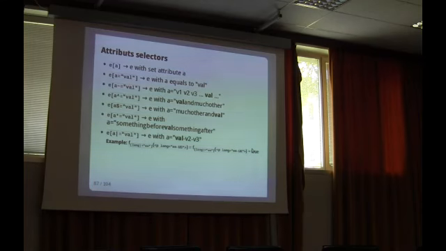It does not pose any requirements on the value of attribute A. Then there is a long list. We are not going to read all the possibilities, but you can select acting on the value, on the suffix or prefix of the value, on attributes that are supposed to include a list of values separated by spaces, and so on.